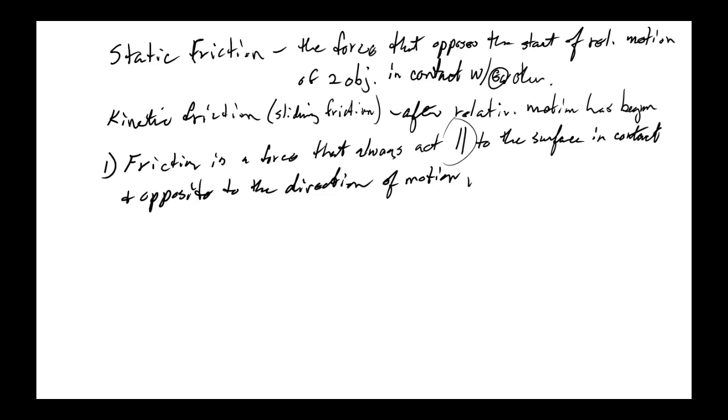Friction tends to make me go toward it, you know. So it's a rather bizarre thing, always acting opposite. So if I'm trying to push, it's trying to pull. If I'm trying to pull, it's trying to push against, okay? So it's a force that always acts parallel to the surface in contact and opposite to the direction of motion.